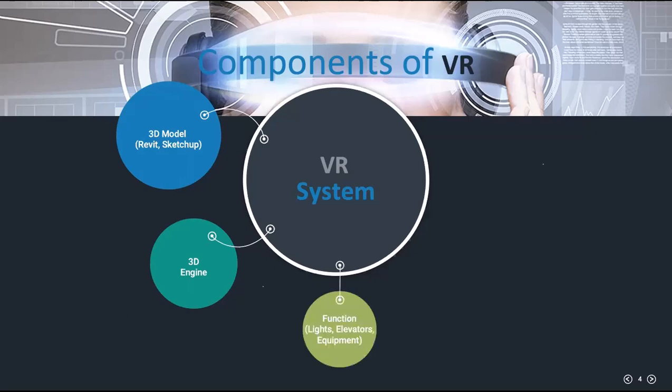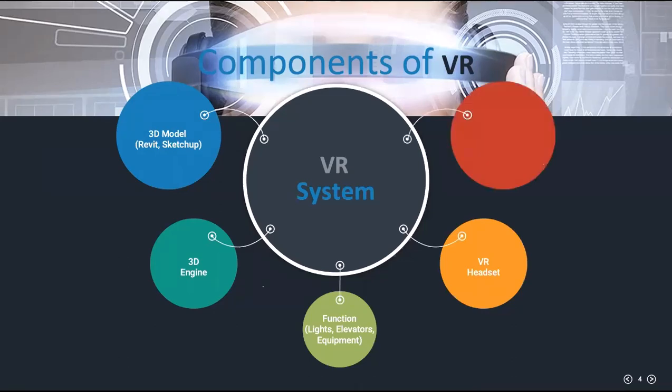So these are different types of engines, with different functions like lights, elevators, and equipment. Then we have the VR sets, which I told you about already, and we need the material cost and even all the schedule information, which we can embed in these types of VR models.